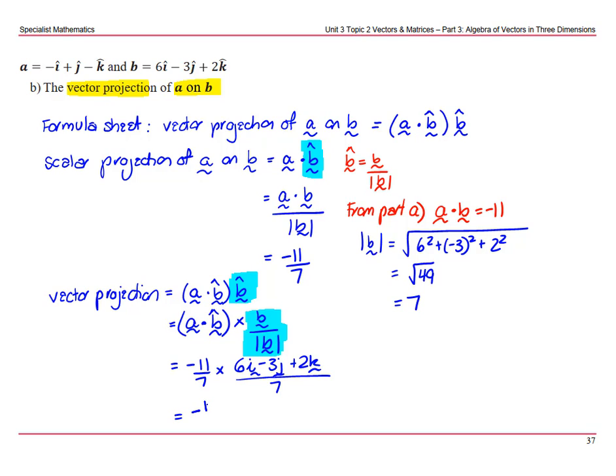So that becomes -11 over 49, all outside of 6i minus 3j plus 2k.